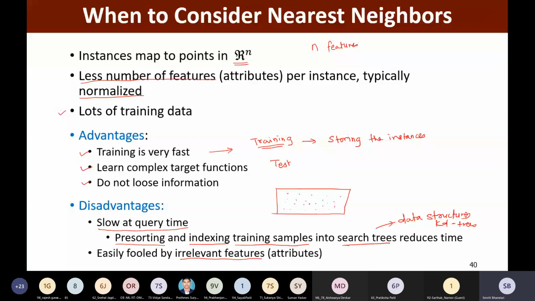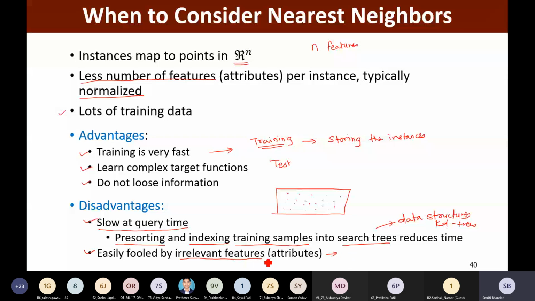Irrelevant features add irrelevant information, and this information misleads the nearest neighbor algorithms from coming up with more accurate results. That is the second disadvantage of these kinds of algorithms.